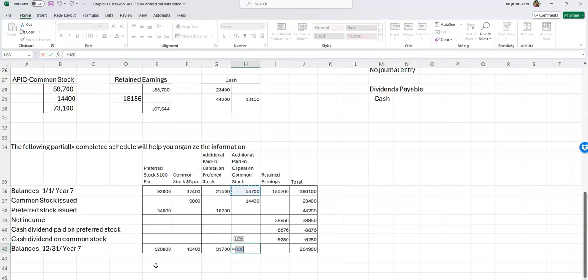Additional paid in capital for common stock will be this. Retained earnings is what I started with, plus my net income, plus the negative for the dividends, which will net those out. And I'm going to make sure that I cross-foot, so I'm going to add up these and make sure that it equals that.